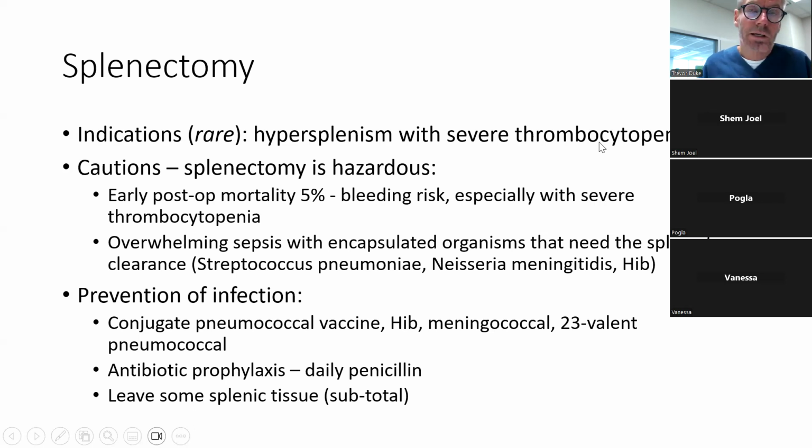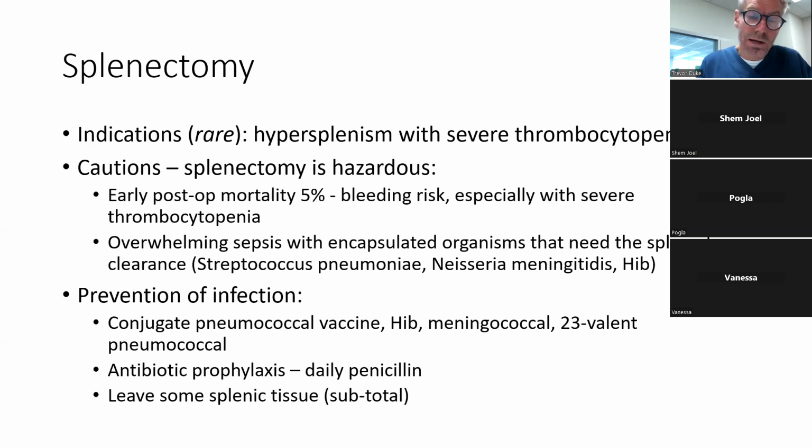The spleen is highly vascular, so after the splenectomy, there's an increased risk of bleeding because of thrombocytopenia anyway, and it's hazardous also because of an overwhelming infection that can occur after splenectomy.